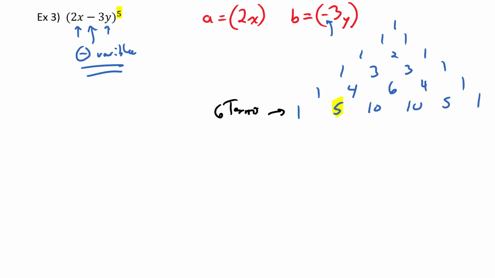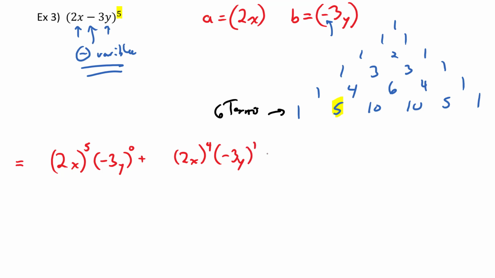Let's work that out. So this is equal to, we take our first value, put it to our maximum exponent of 5, taking the second value with the negative sign, put it to an exponent 0. And continue to do that, decreasing the first exponent by 1 and increasing the second one by 1.